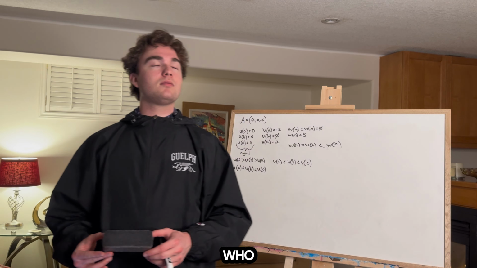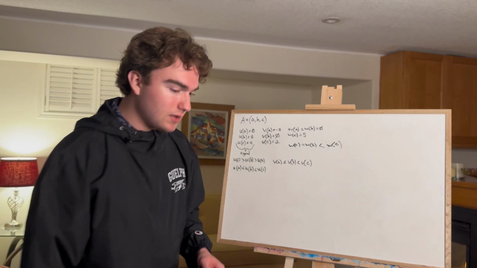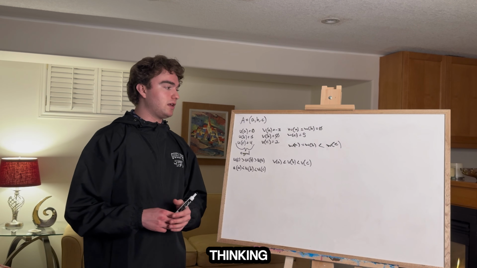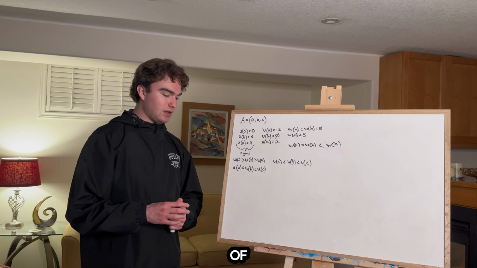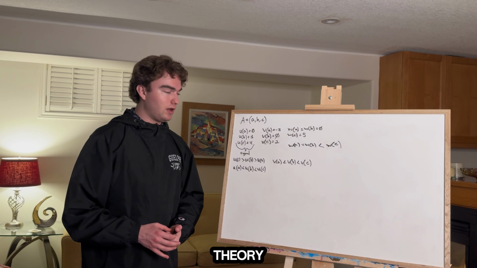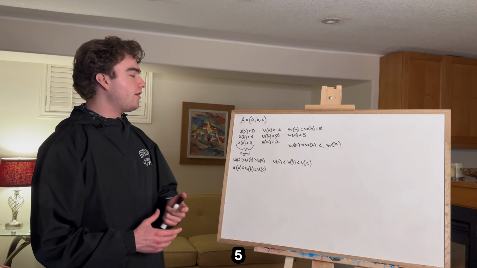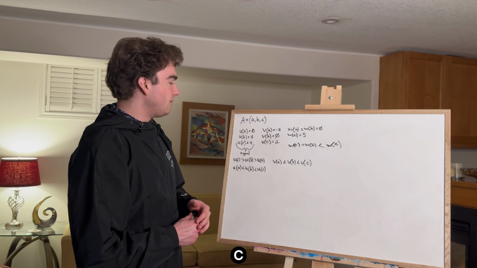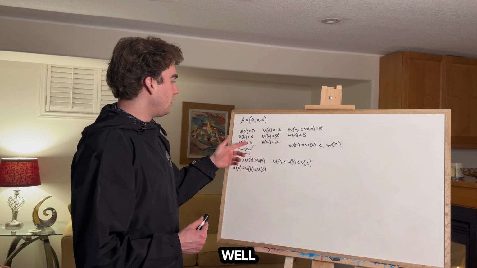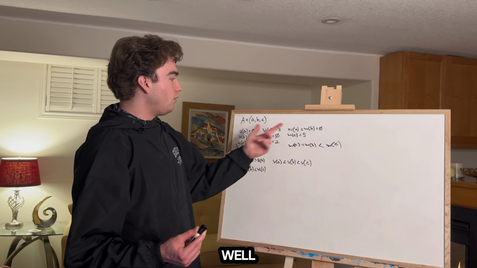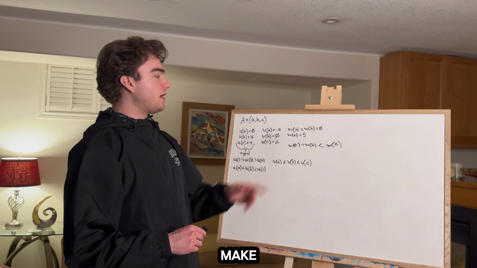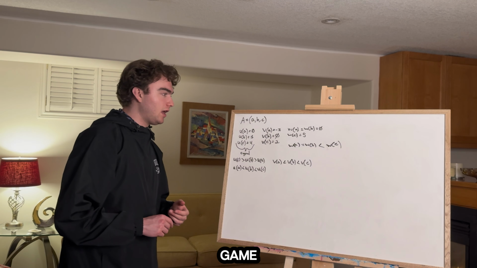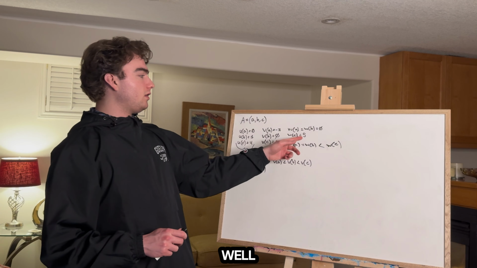Someone who maybe isn't thinking in the terms of game theory might look at that 5 and think, oh, well, W, A, B, and C, pretty similar to this because, well, 1 plus 4 is 5, and, well, that's 5. Or even, let's make that 4.